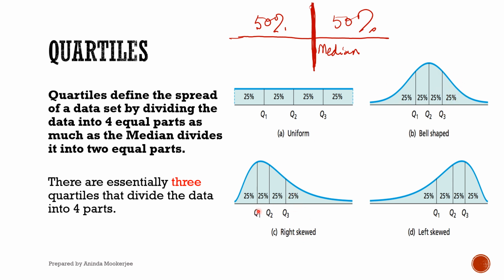And we can have a right skewed distribution, as well as a left skewed distribution is also an option. So there are essentially 3 quartiles that divide the data into 4 parts. So we are going to learn how to find these 3 quartiles, and the process is pretty much the same as finding the median. All right.